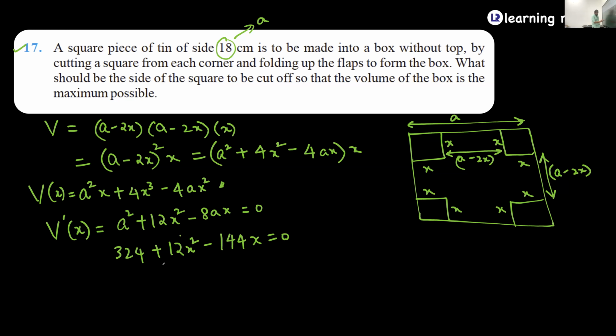So 12 goes 12 times, this goes 27 times. x square minus 12x plus 27 should be equal to 0.